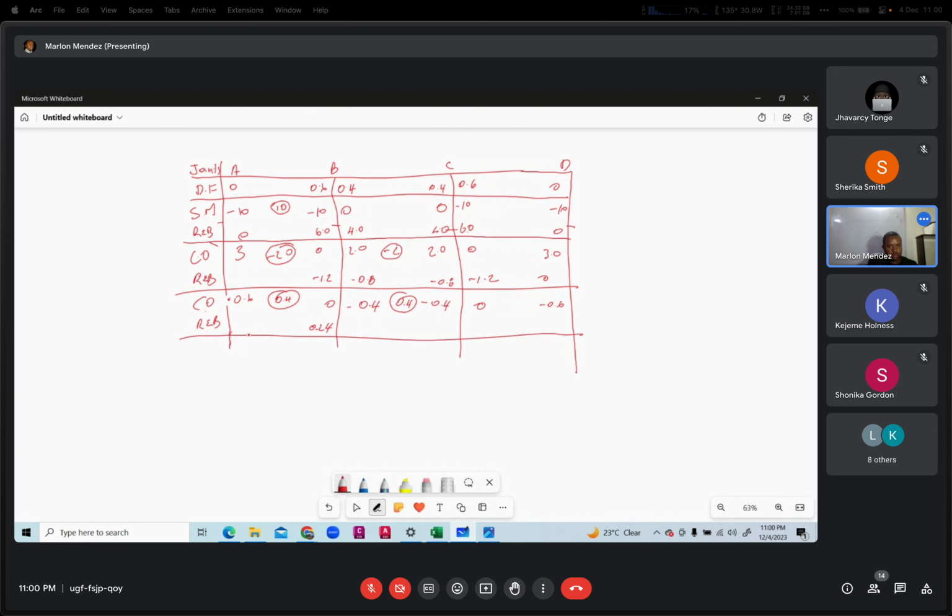This becomes 0. So this becomes 0.16. This becomes 0.16. This becomes 0.24, 0. All right, we're going, so we'll wrap it up.